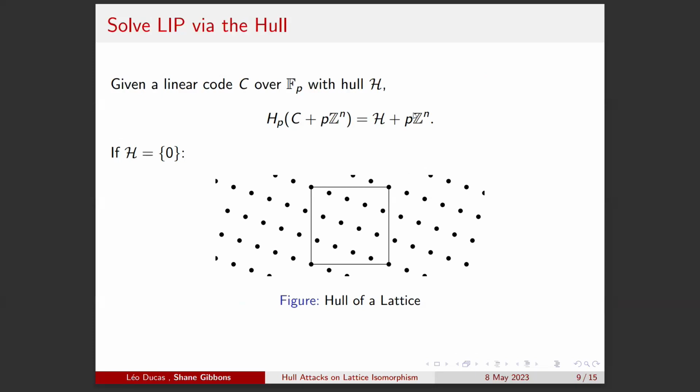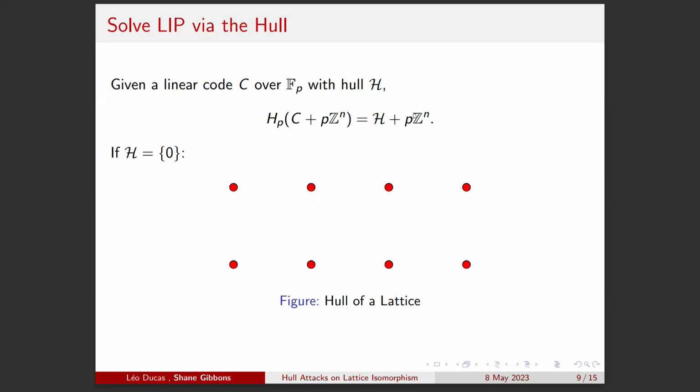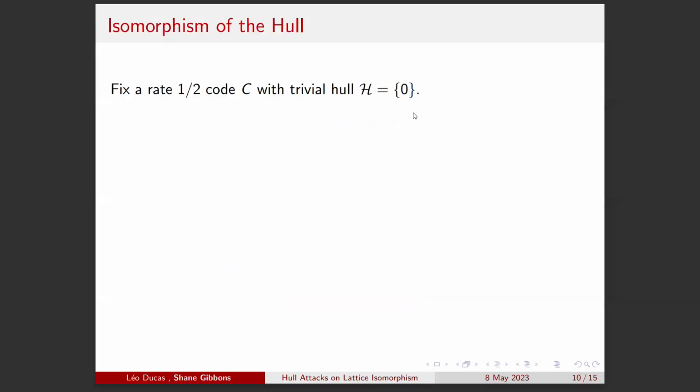If the code which generates your construction A lattice has a trivial hull, then as you can see from the right-hand side, the hull of this lattice is going to be these red dots, essentially the corners of the box from the previous analogy. And as you know from a few slides previously, solving SVP on a lattice that is a scaling of Z^n is much faster, because you can use the parameter beta equals n over 2. And this is a quadratic speedup again.